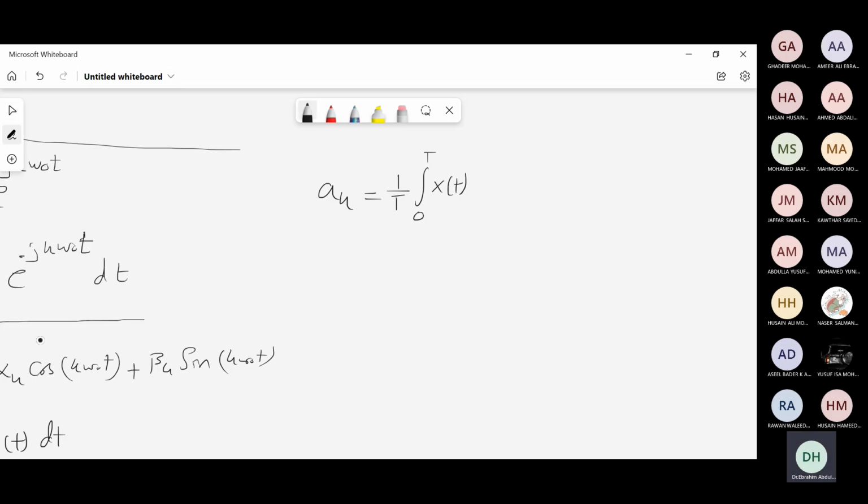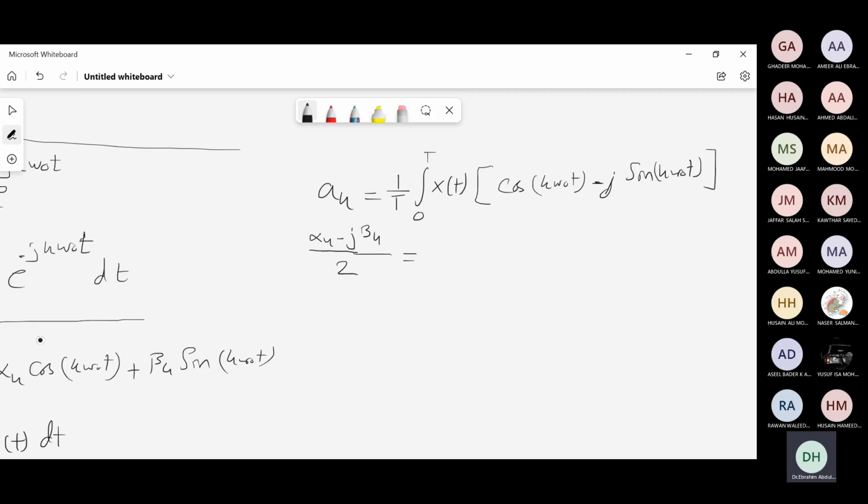I can write it as cosine k omega naught t minus j sine k omega naught t. And we know that A of k is equal to alpha k minus j beta k divided by 2. So it's equal to all this.